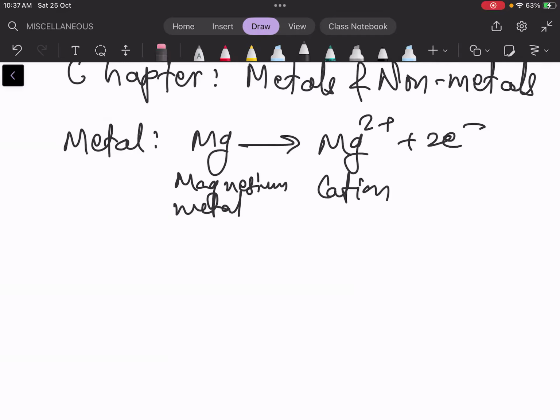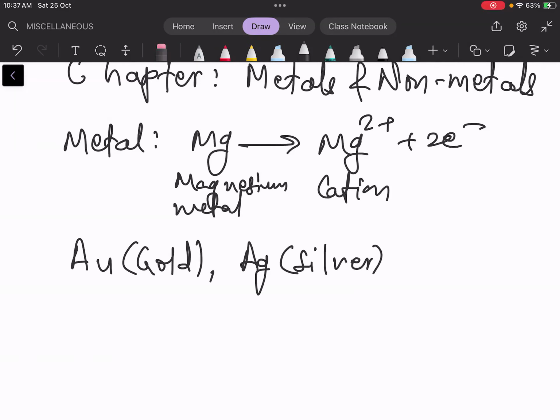Then, gold is denoted by the symbol Au, then silver, Ag, and platinum, Pt.